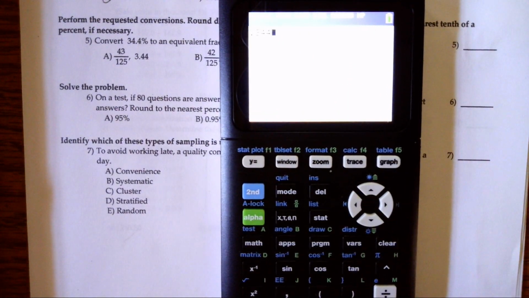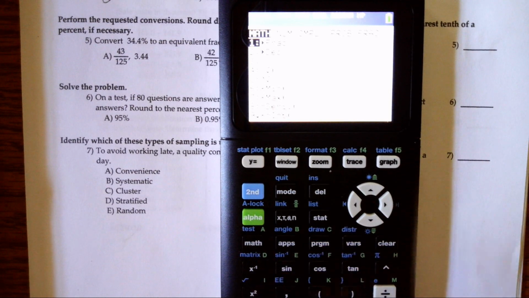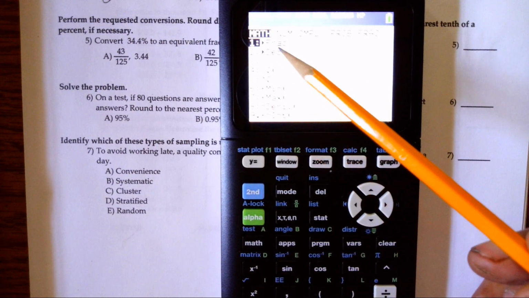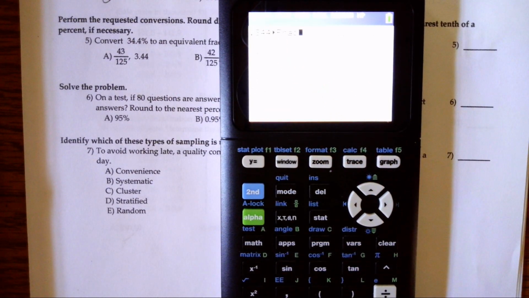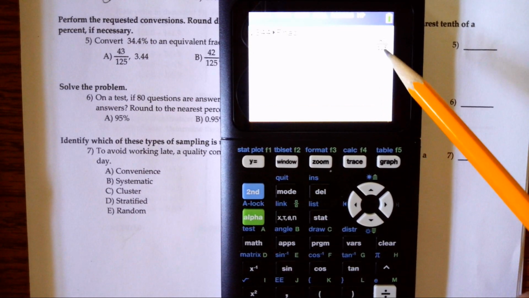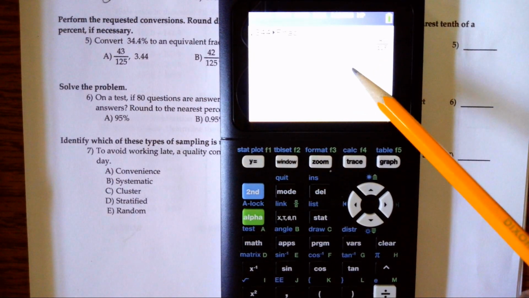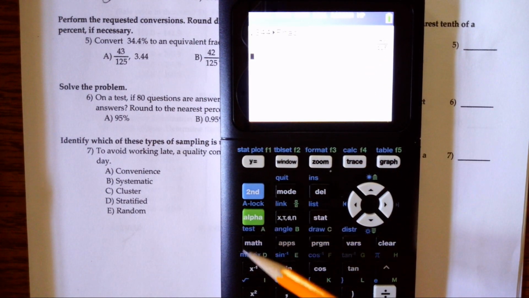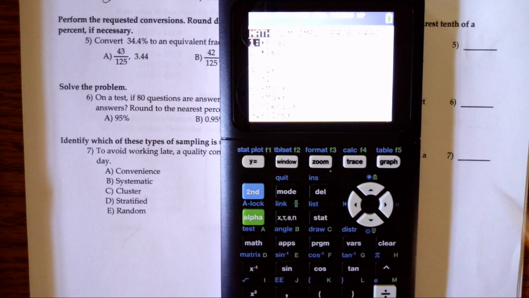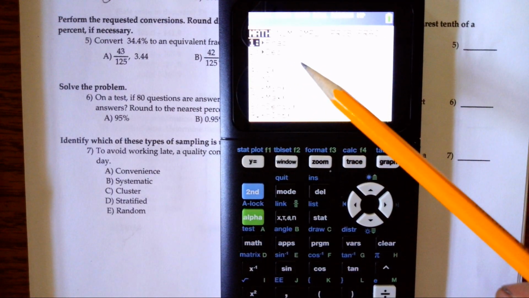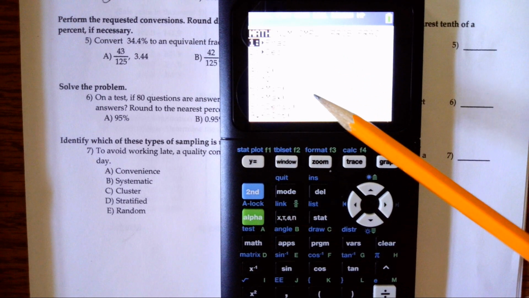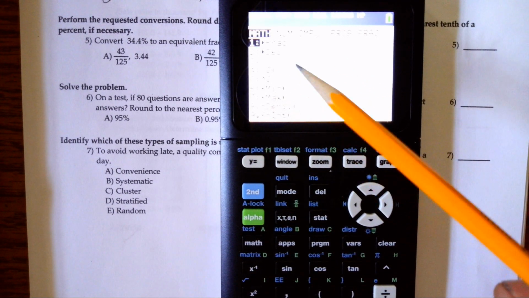and then I would go to my math key. The very first option in the math function here is fraction. I would press enter and then press enter again, and if you can read it over here, it says 43 over 125. To change a decimal to a fraction, you go to the math key once again, and the very first option is fraction. So you would put in the decimal first, go to the math key, hit fraction, hit enter twice.